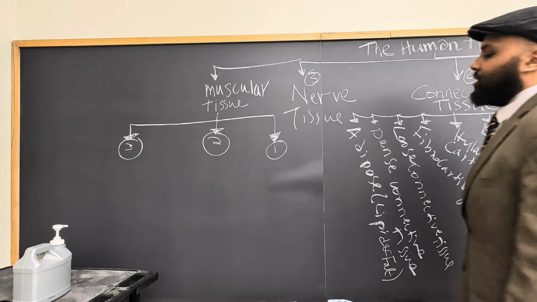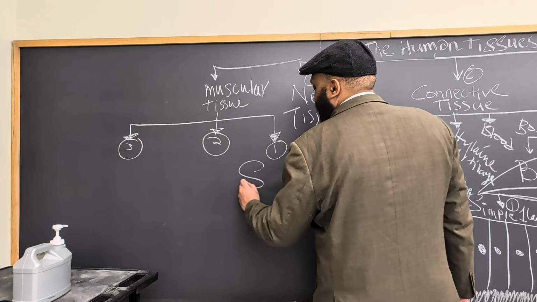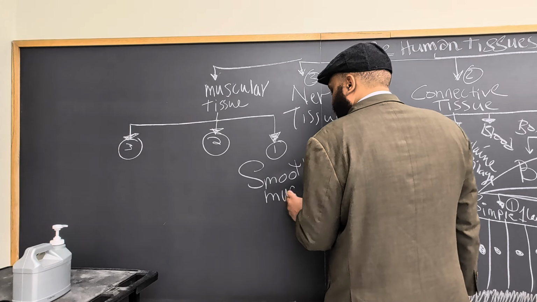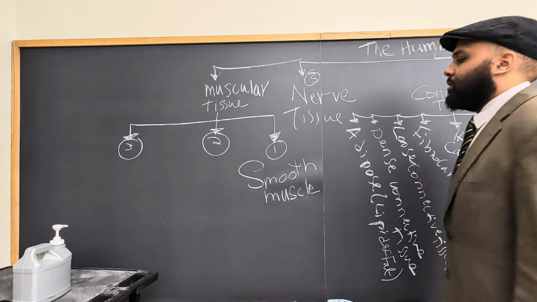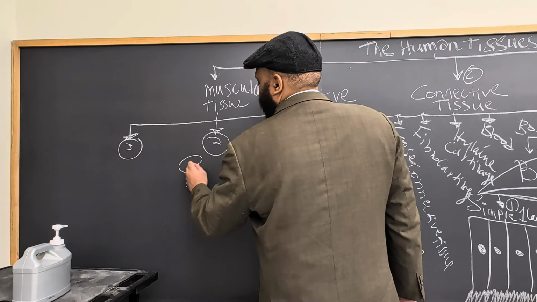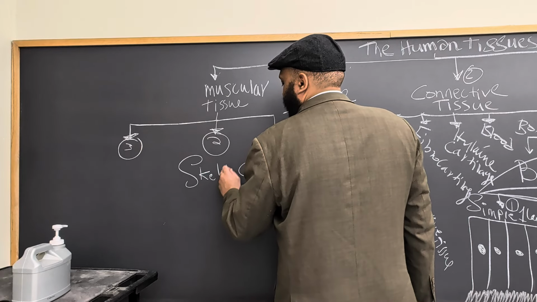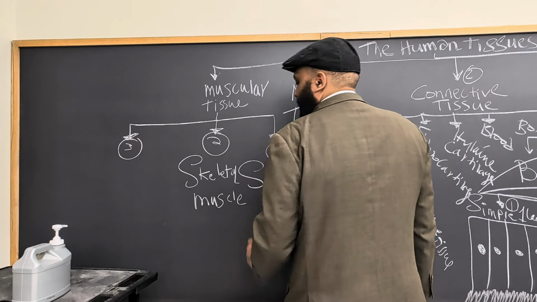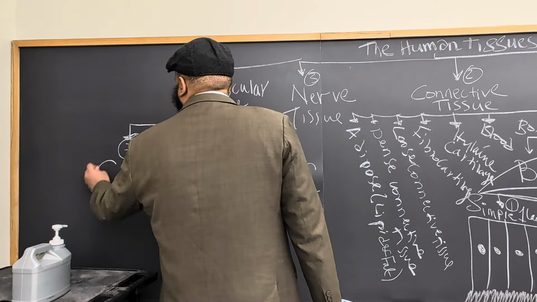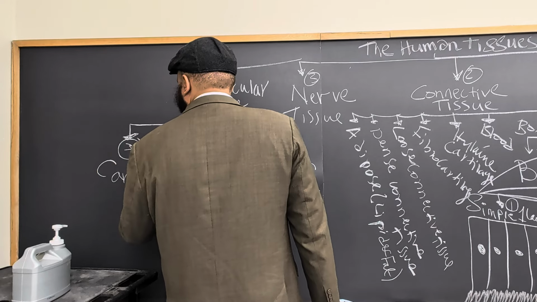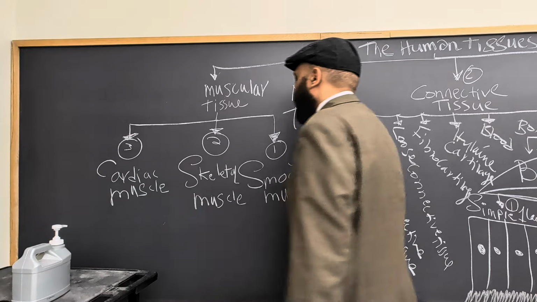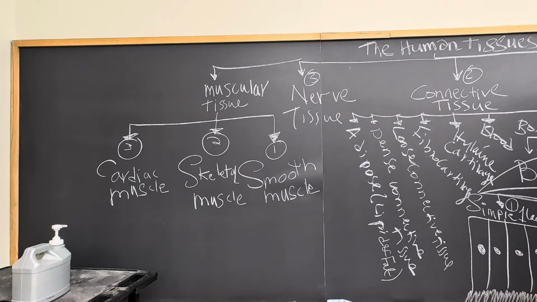The first form of muscular tissue is known as smooth muscle tissue. Then there is skeletal muscle tissue, and then there is cardiac muscle tissue. Is that clear? Okay, those are 3 types of tissues that we're going to talk about.